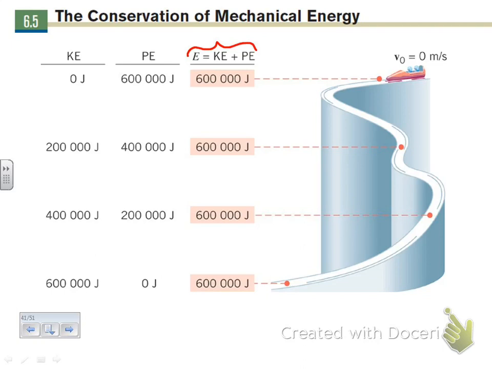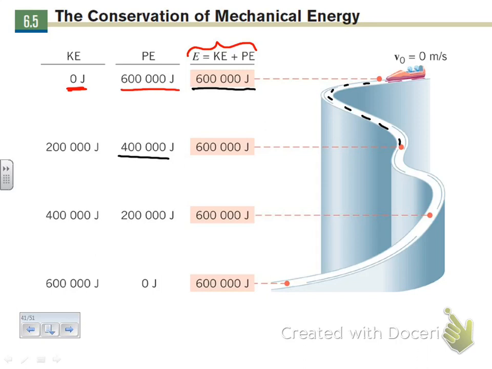So imagine you have this bobsledder at a certain height, starting from rest, meaning his kinetic energy is zero. He's at a very high point, so he has a total potential energy of 600,000 joules, meaning if we add his kinetic energy and potential energy, we have 600,000 joules. As he starts making his way down the path, his potential energy starts to decrease.